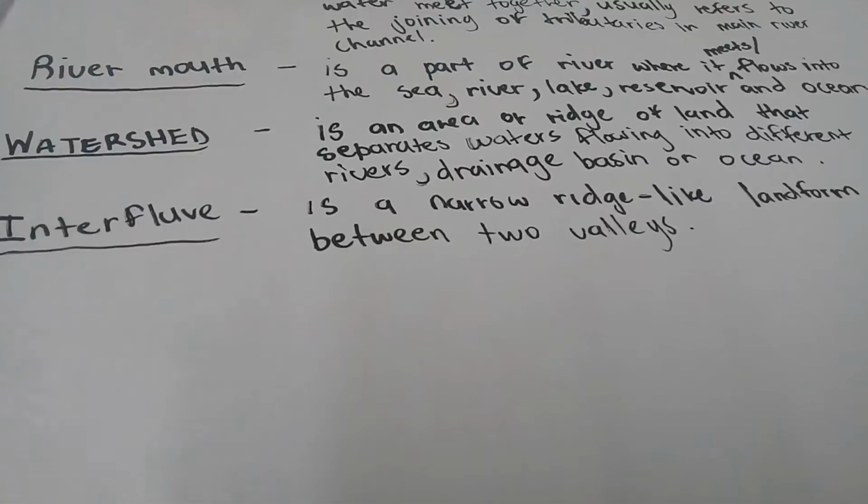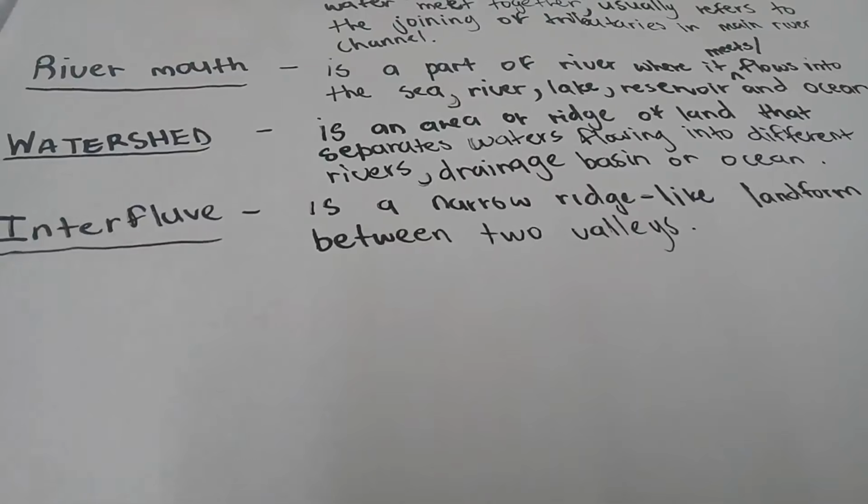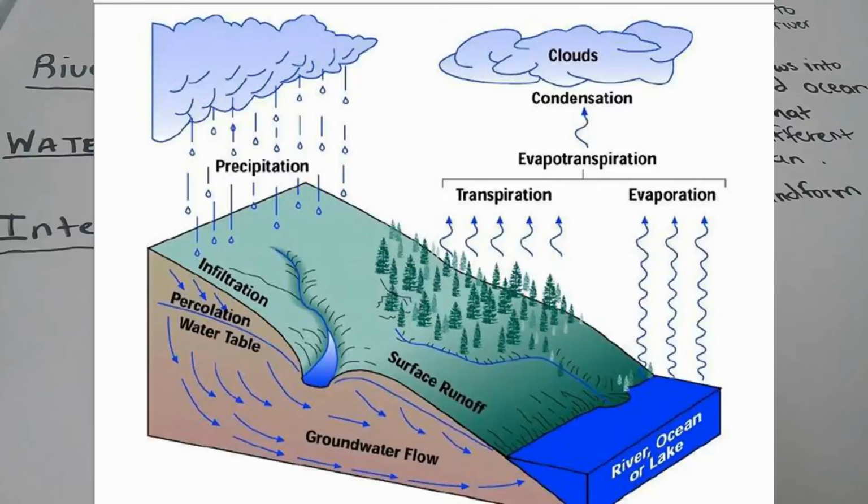And again, I'm going to introduce a new diagram for you guys, because we don't have those definitions in this one. So let me remove this one and introduce a new diagram so that we can discuss a water table, groundwater, and surface runoff.